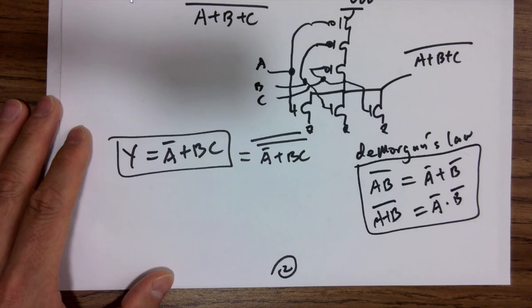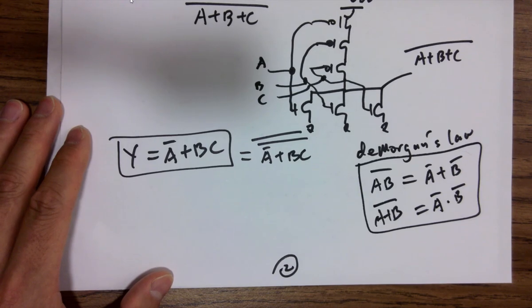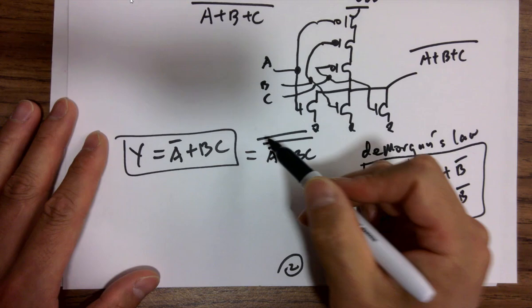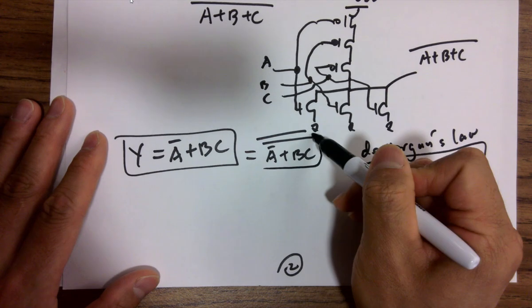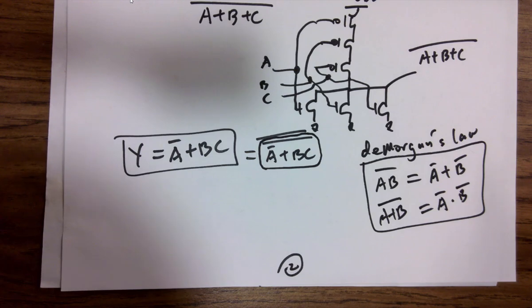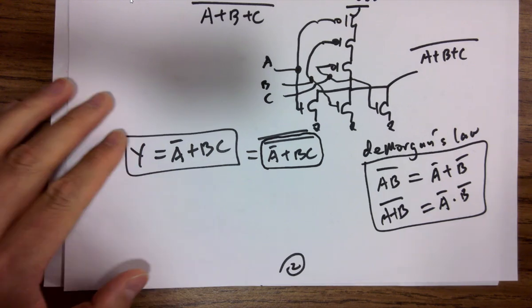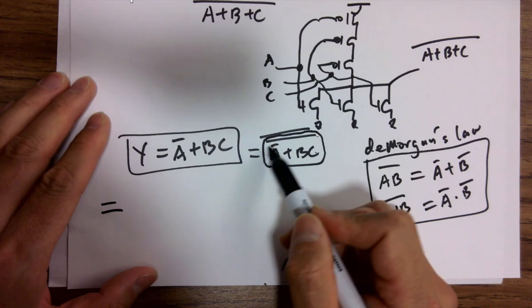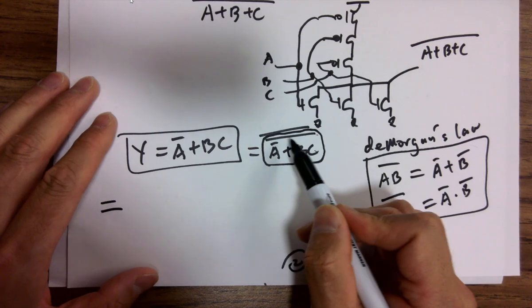Okay? And this is given. Now look at this. I added two bars. I'm going to try to get rid of the second bar at the bottom and apply De Morgan's law. Is this bar on the top of this guy? I want to split the bar and change the sign.